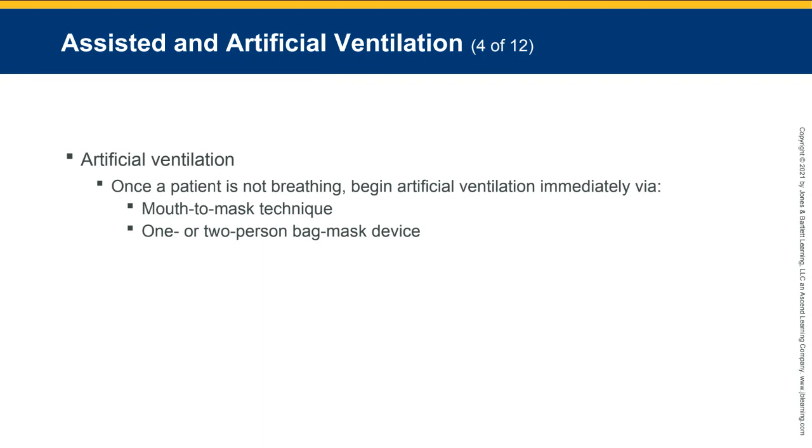That's the best way to do 1 person artificial ventilation. However, if you're comfortable with your BVM, you can also be very effective. 1 person BVM is not that effective in comparison to 2 person. So 2 person BVM or bag mask device is the preferred method.